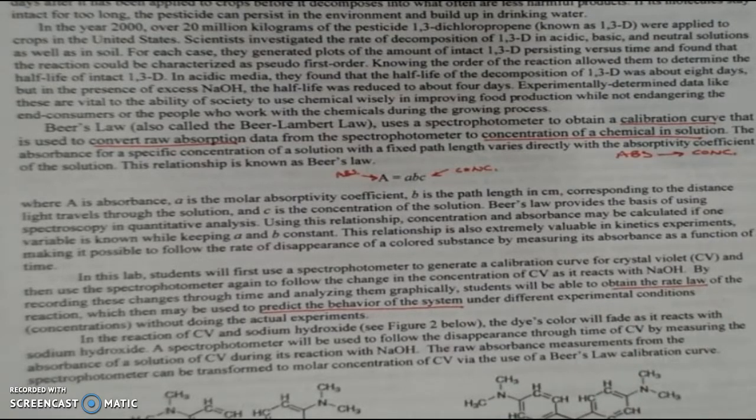So we will have concentration versus time, natural log of concentration versus time, and 1 over concentration versus time. If we can graph those out, we can figure out which one will give us the straightest line, and that will predict what order the crystal violet is affecting the rate.